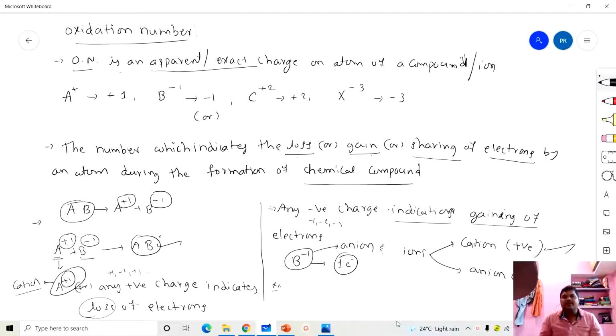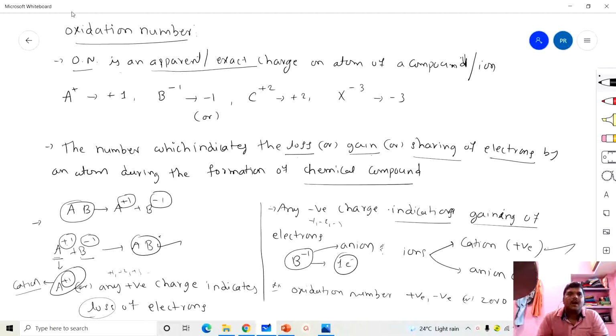And one important point, oxidation number. What is that? Oxidation number may be positive, may be negative, or sometimes it may also be 0. So one more time I'm explaining.